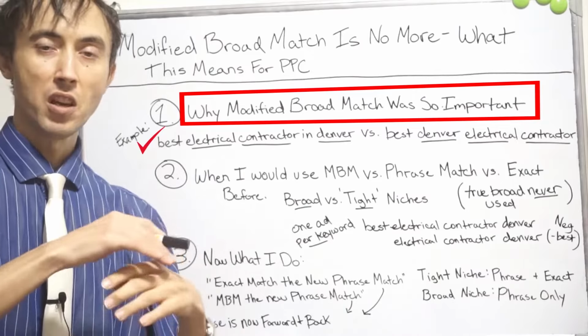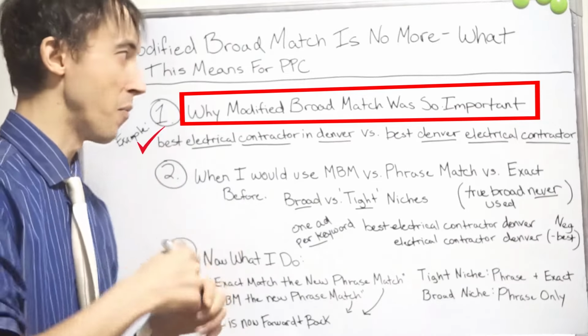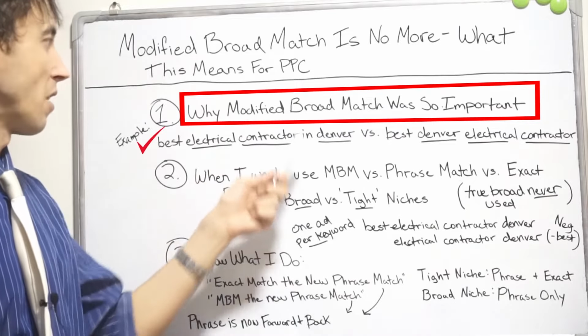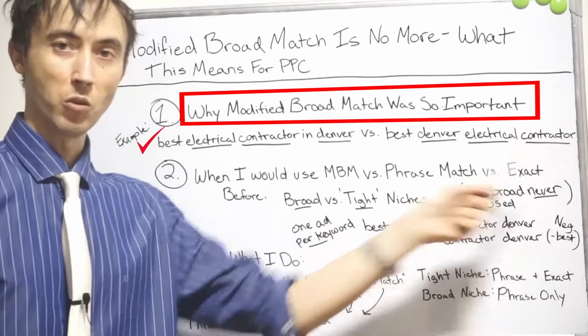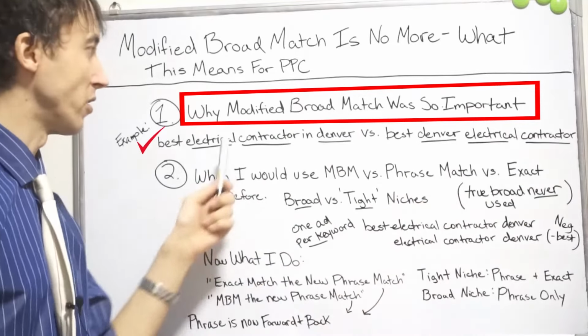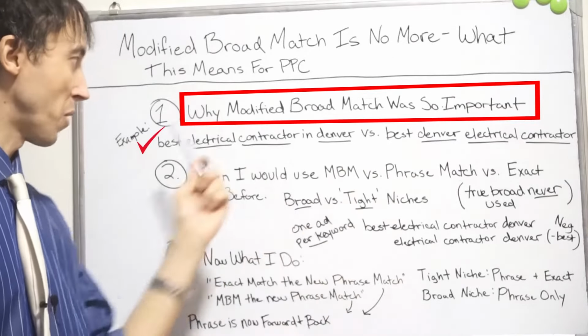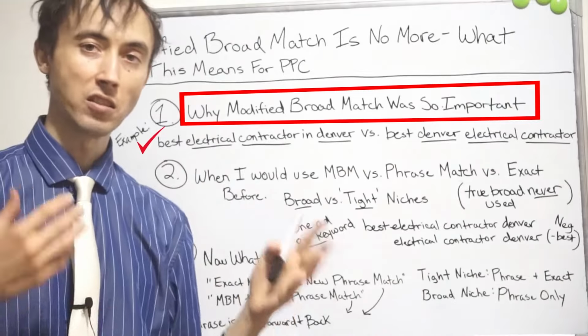Because if there was a commonly written way to write it backwards, in this particular example, "electrical contractor in Denver," "Denver electrical contractor." Well, if you're an electrical contractor, these terms, the ones that I specifically called out within the bigger terms overall, are going to get searched a lot.